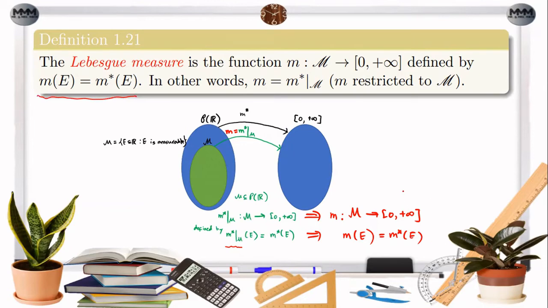It is a function that we have obtained, which is a restriction of the function m star.